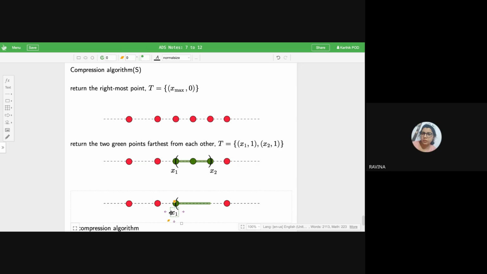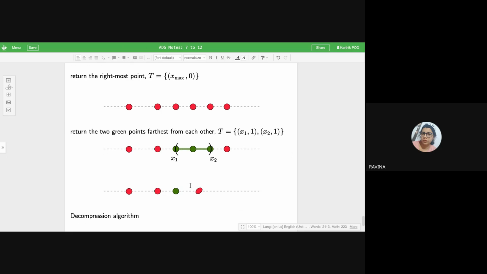Sir, when we will be doing decompression, if all the points are green, we can make the maximum interval from the farthest points. But what happens when we decompress it and new points come beyond that? How will we classify them?